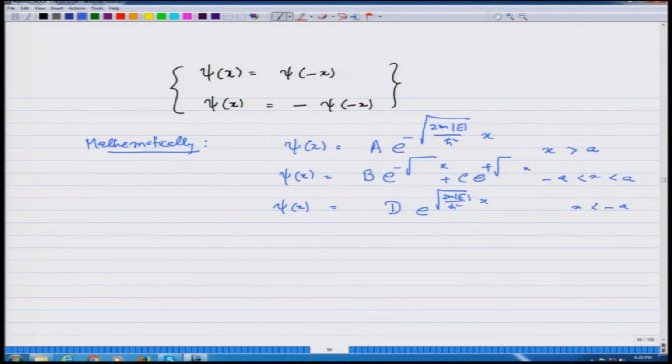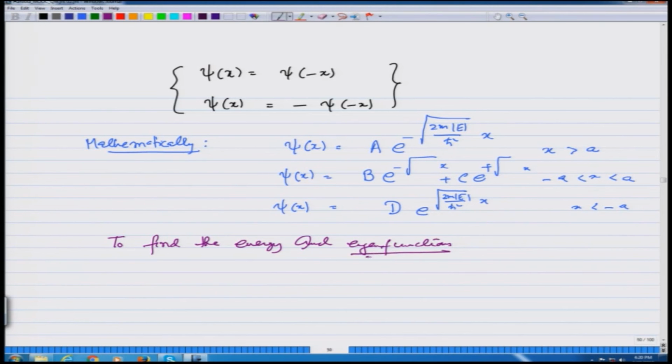Now, this I will be assigning you as an assignment problem to find the energy and eigenfunctions.